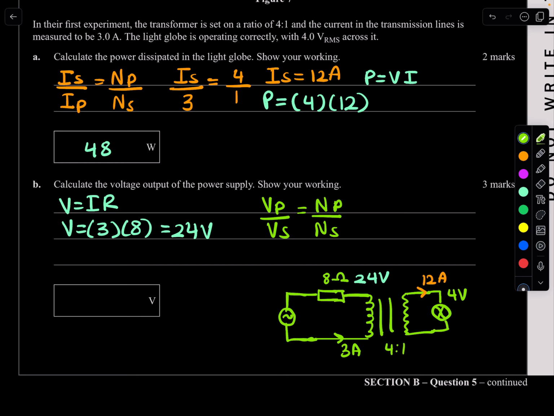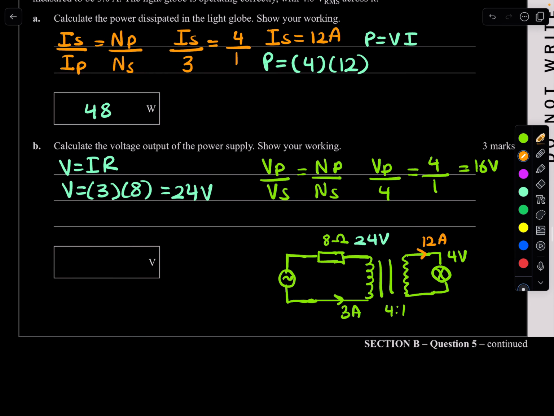So the voltage in the primary, divided by the voltage in the secondary, which is 4, is 4/1. That leaves us with 4 times 4, which is 16 volts in the primary. So this part here consumes 16 volts.